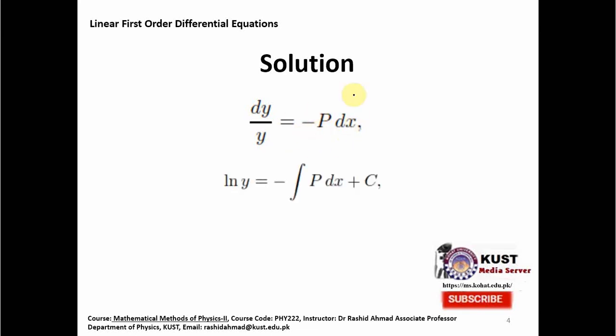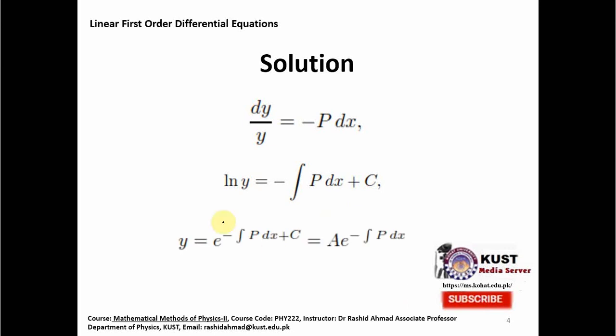Now in order to solve this equation for y, we can integrate on both sides. If we integrate on this side, we will get natural log of y. This will be equal to minus the integral of p dx plus c, where c is the constant of integration.